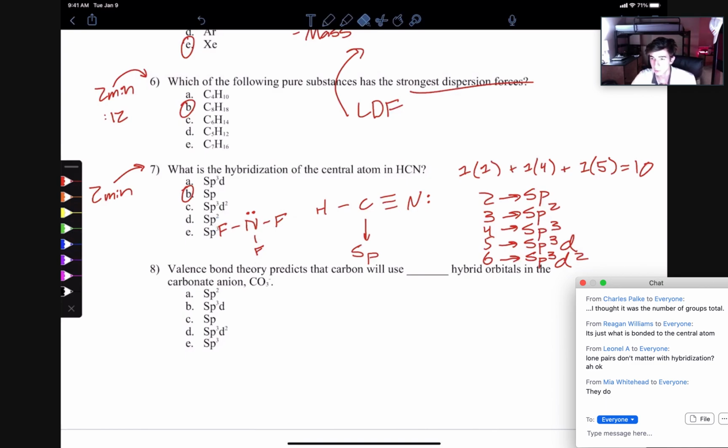So the lone pairs count as a group, an electron group. I think maybe I wasn't clear when I said that earlier. Okay. Someone's saying, couldn't you look at the periodic table? Interesting. I've never heard of looking at the periodic table to determine hybridization.